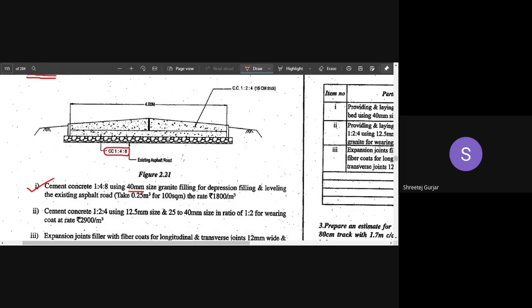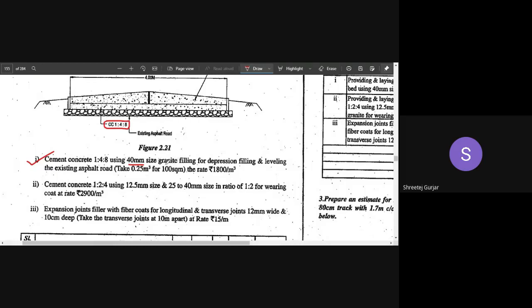If you directly lay your top layer on your asphalt road, it will start to crumble, it will start to bend, and rutting will start to happen because the base is not strong. So we need to provide a strong base with a cement concrete of 1:4:8. So they are using 40 mm size granite for doing that.